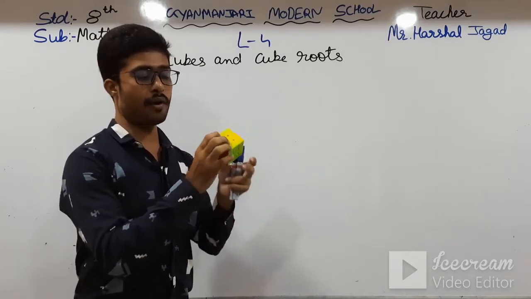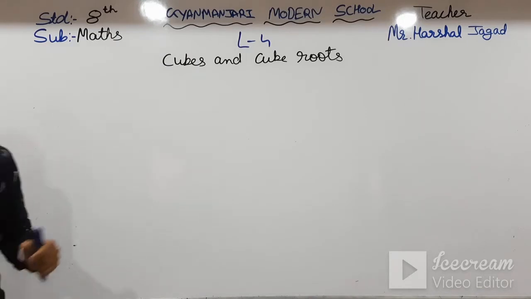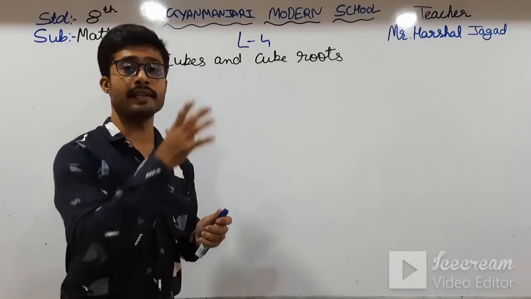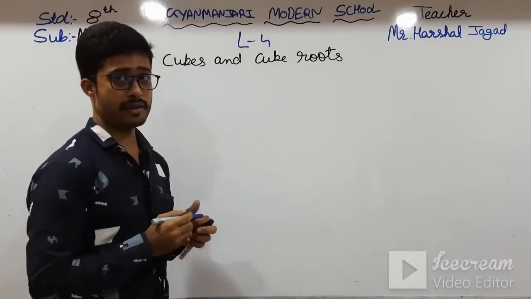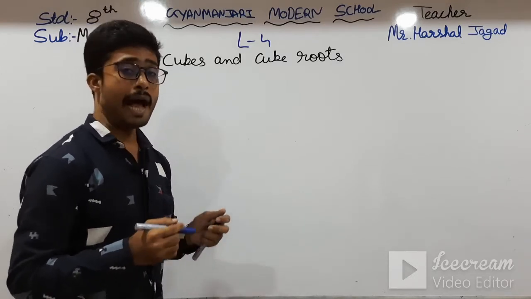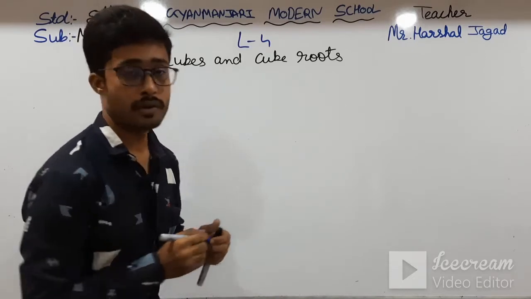Okay, students, we all know this is a cube. Now, let's see. There are 3 dimensions in all the things. 3 dimensions. Okay, students, that you have also studied in the previous classes. I will now just directly start the cubes and cube roots.